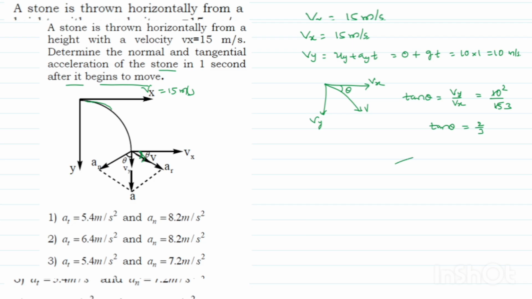When making a triangle with the tan function, this is the opposite side, this is the adjacent side, and the hypotenuse will be root 13.